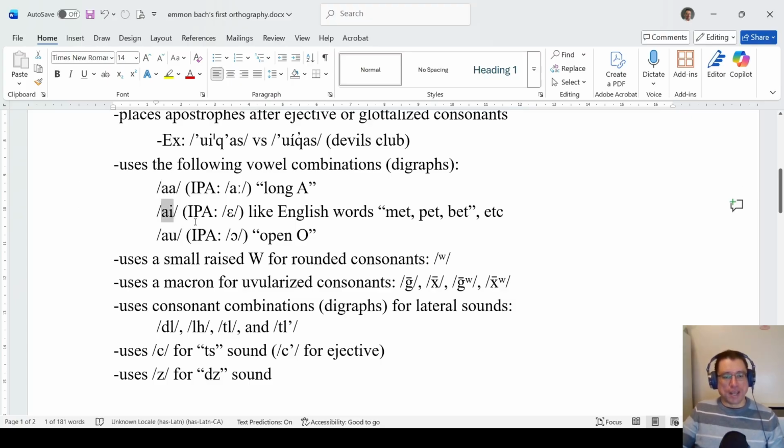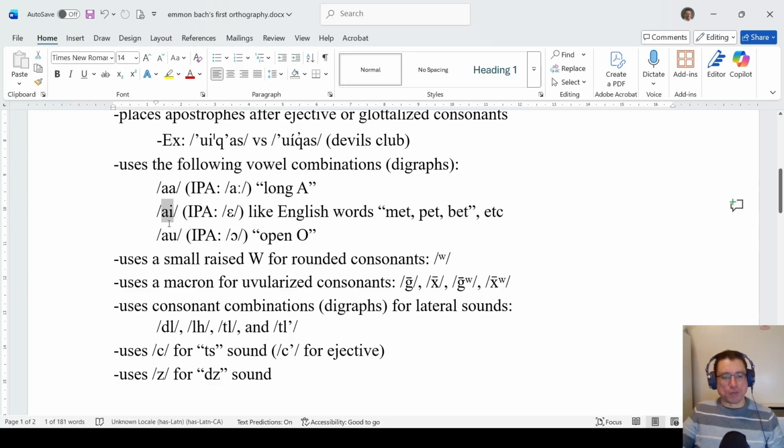He also uses AI, and in IPA, it's represented by this symbol, which is called an epsilon. The epsilon is from the Greek alphabet, and it makes an eh sound. So words like met, pet, bet, that E in these English words makes an eh sound.